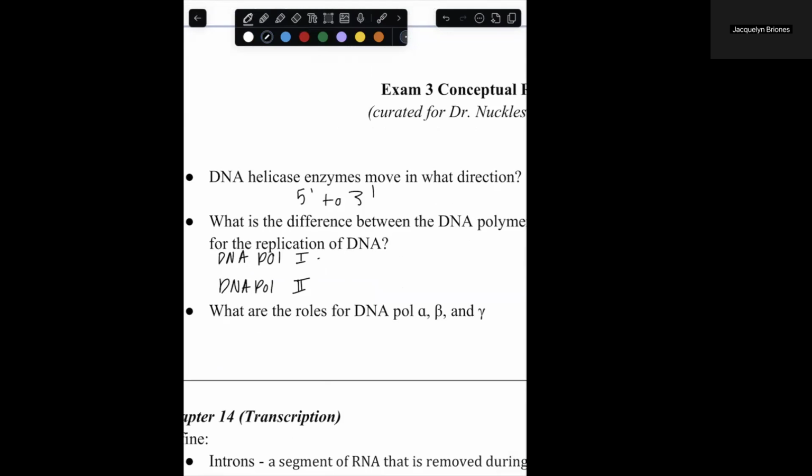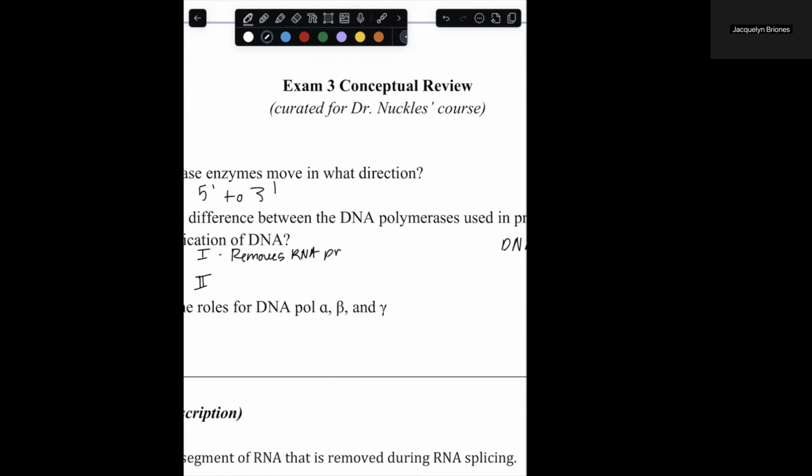DNA pol 1 removes RNA primers and fills in the gaps.